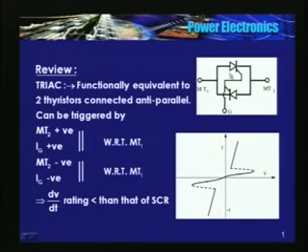When this device is turning off, a negative voltage gets applied across it, and this negative voltage forward biases this device. And in case the rate of change of voltage is high, this device may turn on. Okay. So these are some of the essential differences between a Triac and an SCR.